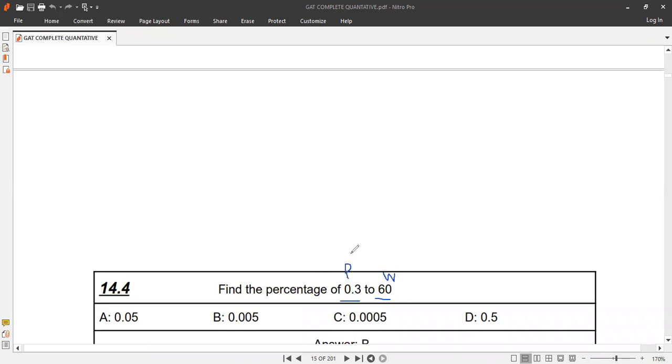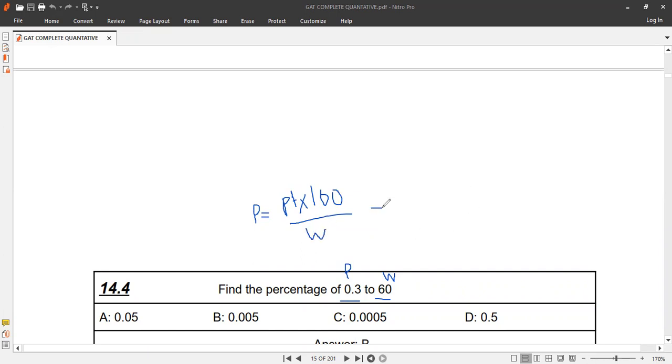And the rule to find the percentage is to multiply the part. You have to remember this rule. Multiply by 100, divide by the whole.